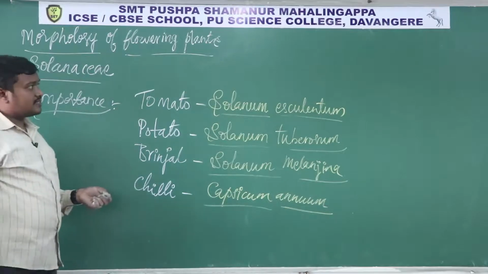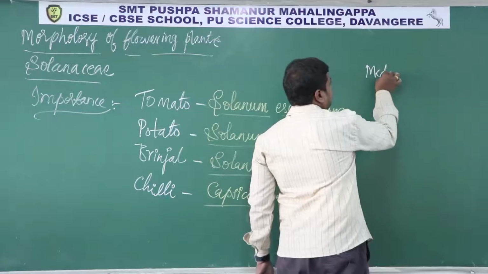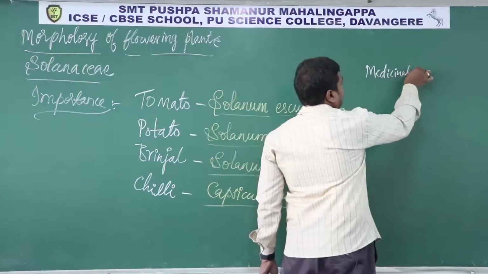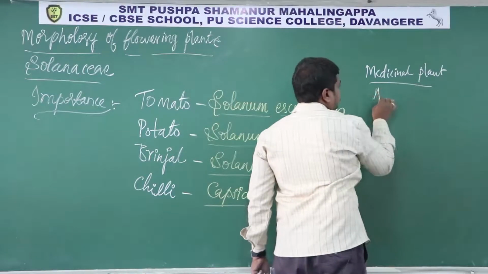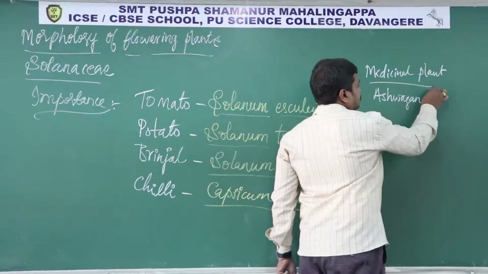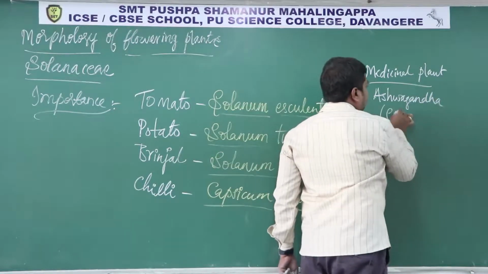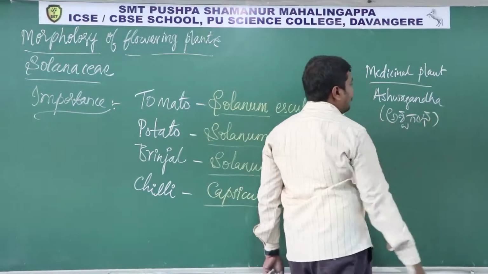So apart from this, one medicinal plant is also there, called ಅಶ್ವಗಂಧ. In Kannada they call it ಅಶ್ವಗಂಧ or ಹಿರೇಮದ್ದಿನ ಗಿಡ.